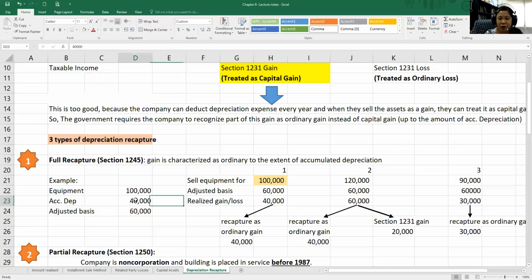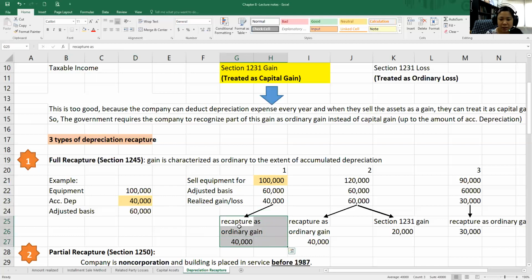So the accumulated depreciation that we have is 40,000. So we have to recognize the amount of gain up to the accumulated depreciation. So in other words, in this case, you will recapture the 40,000 as ordinary gain instead of Section 1231 gain.